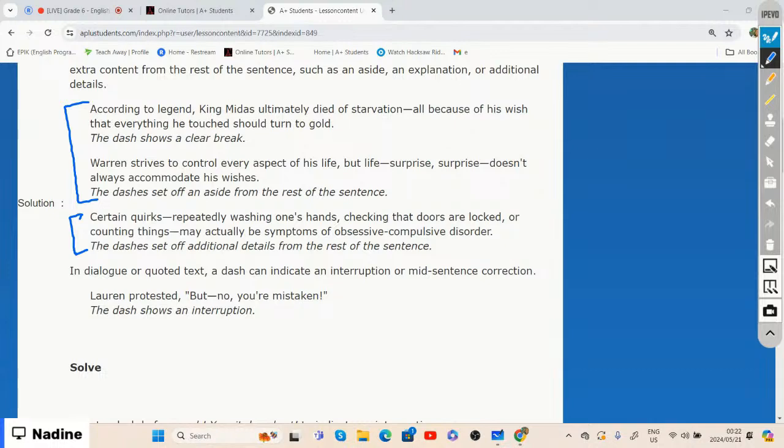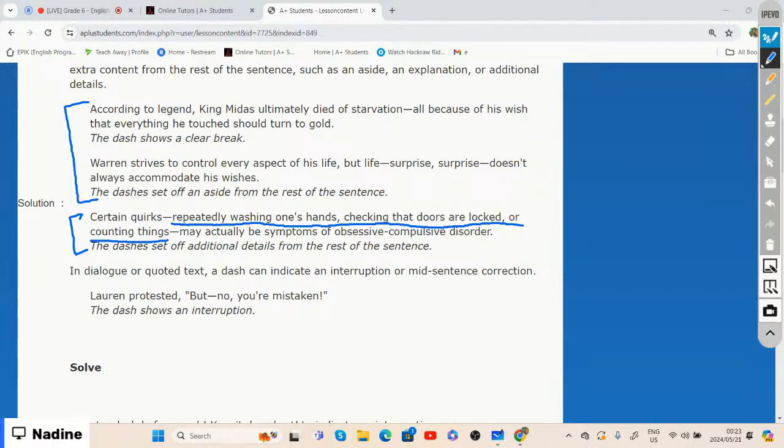And if we look at that sentence, here we have two dashes. We have a dash over there and a dash over here, which means that we are separating these words. Let me just remove that.